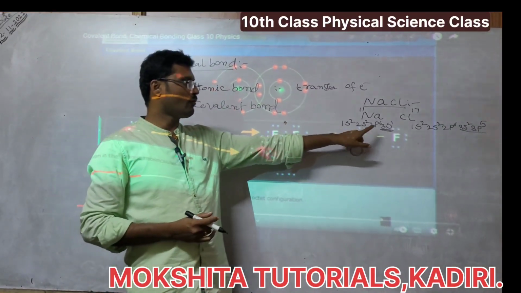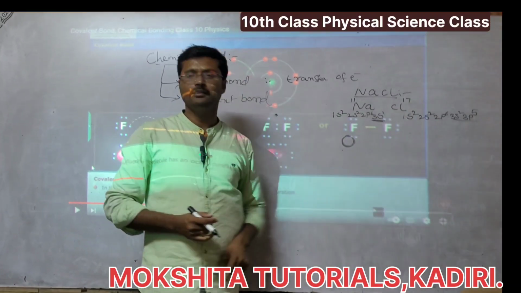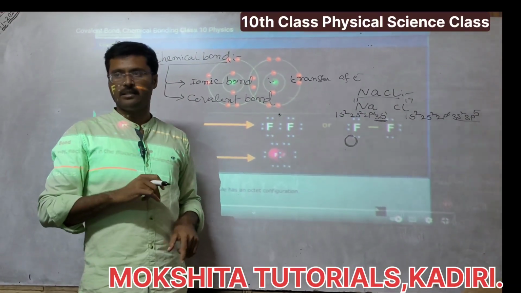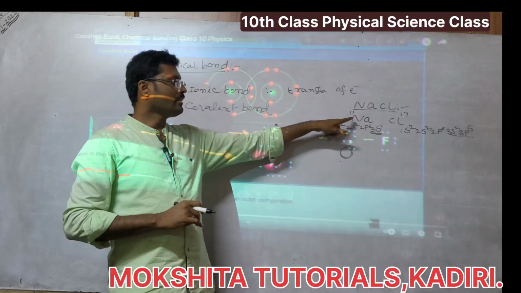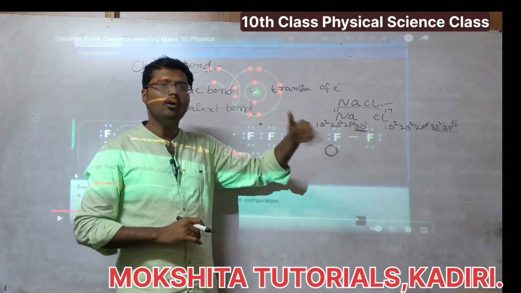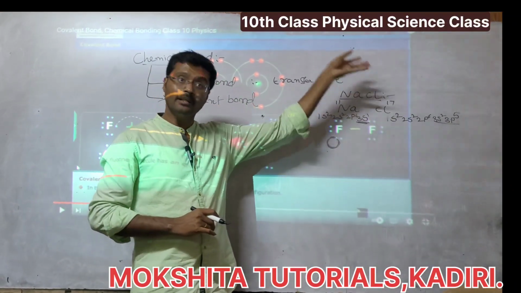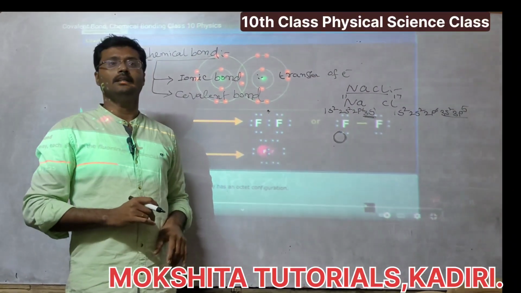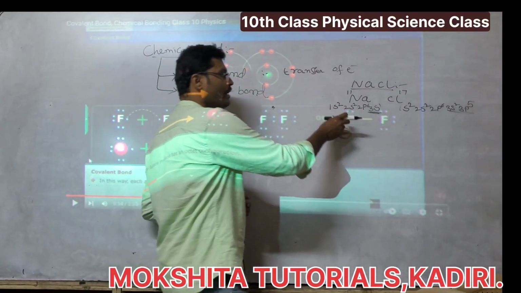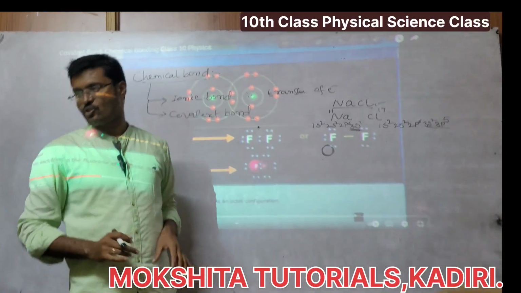So the outermost shell of sodium has 1 electron, and chlorine has 7 electrons. To get stability, sodium tries to lose 1 electron, and at the same time chlorine gains that electron. Finally, both sodium and chlorine gain the octet structure.